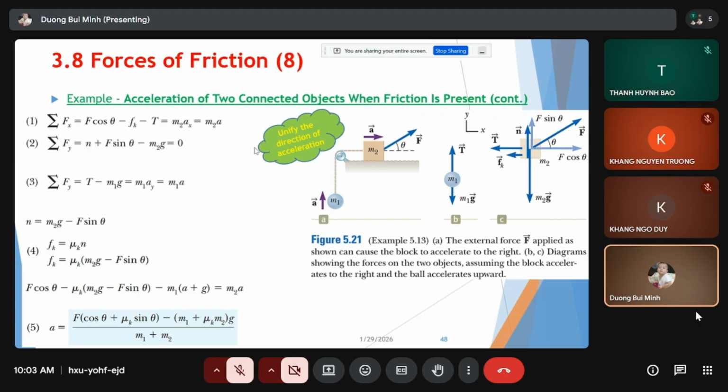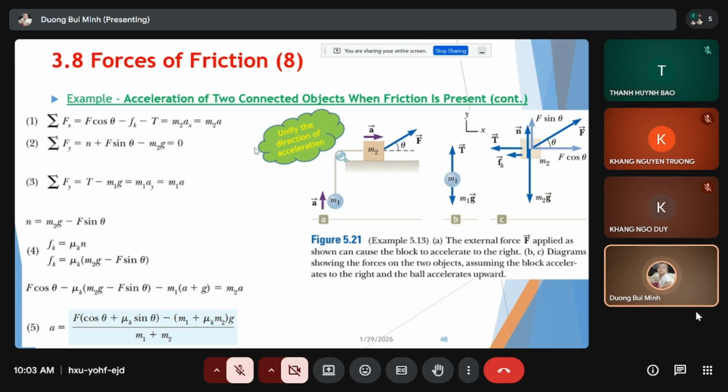I'm very stupid because here we should have the tension force. I forgot. So you get minus the tension force, minus this, equals M2 A. Sorry, we should have the tension force, to get balance.